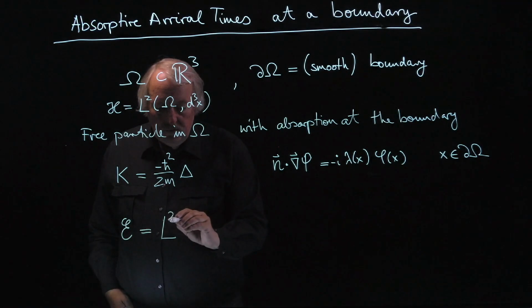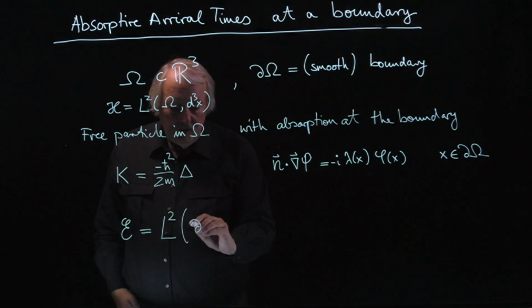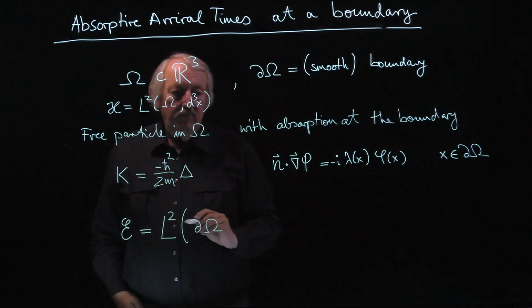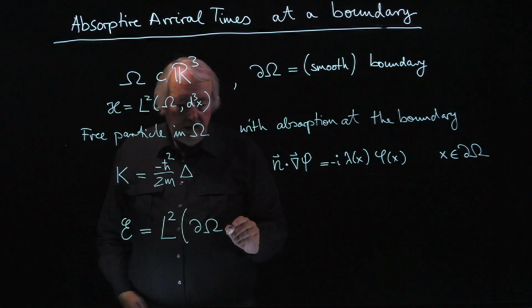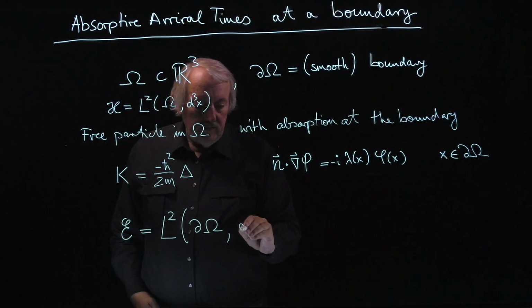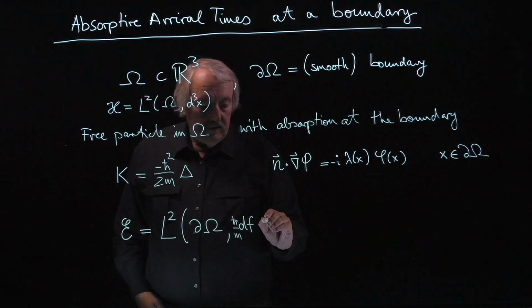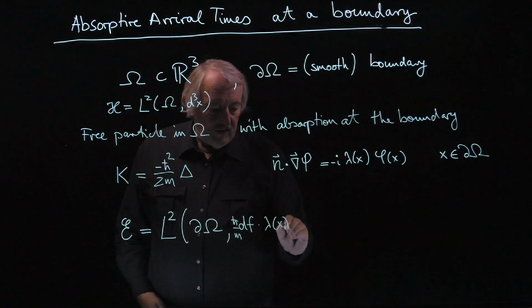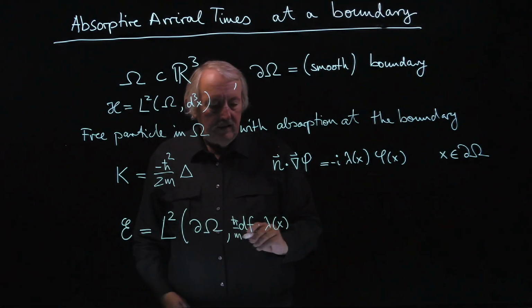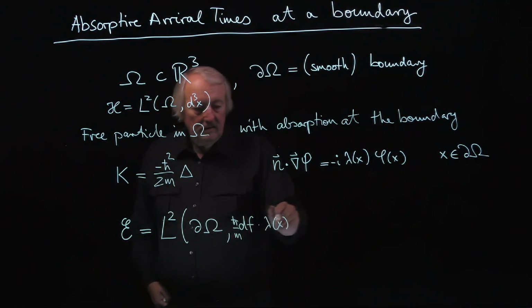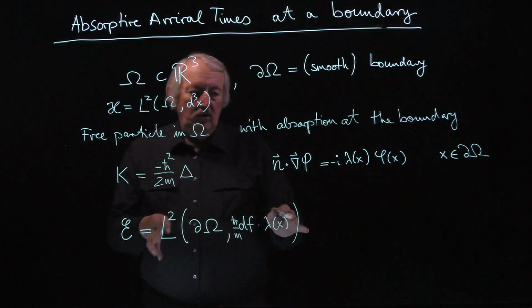It's the L2 space on the boundary, of functions that live on the boundary with the measure dS. Well, there was an h bar over m also, and times lambda of x, something like that. So this is the weight with which we integrate over the boundary.